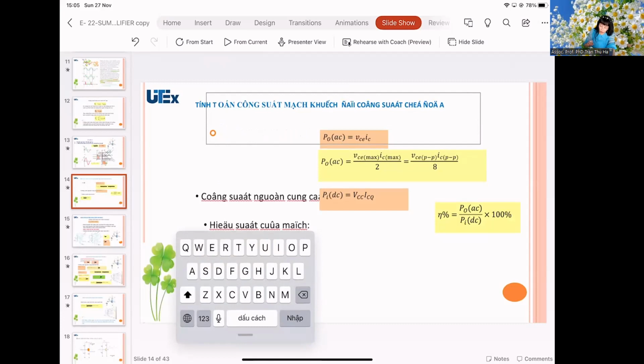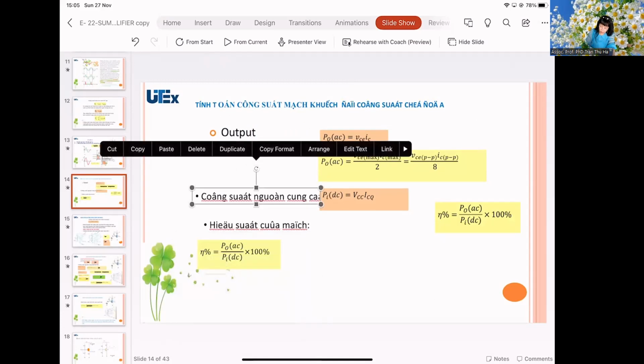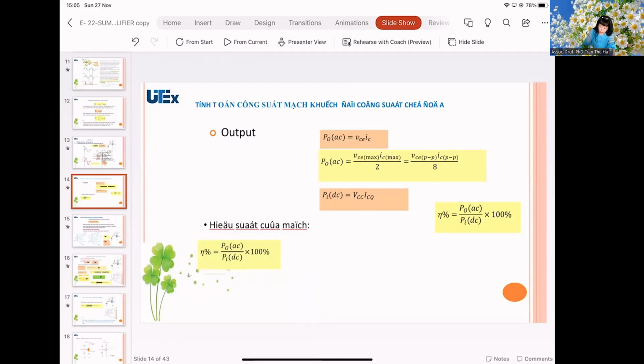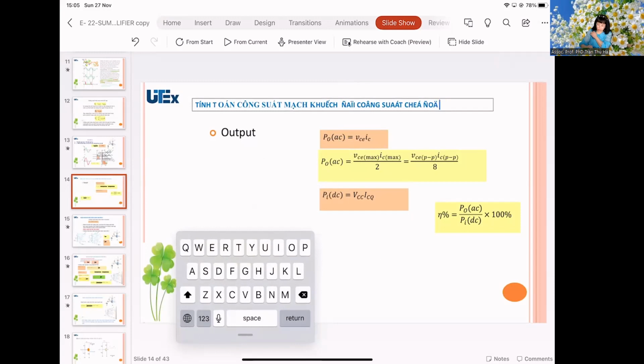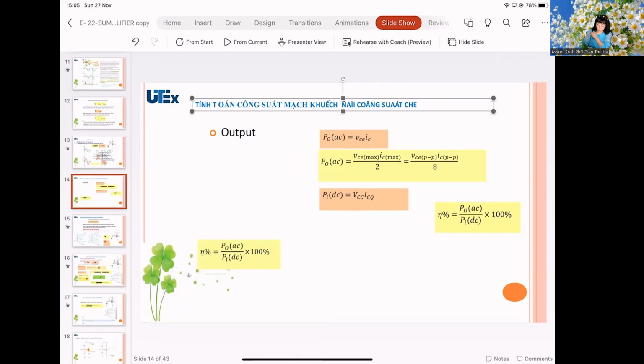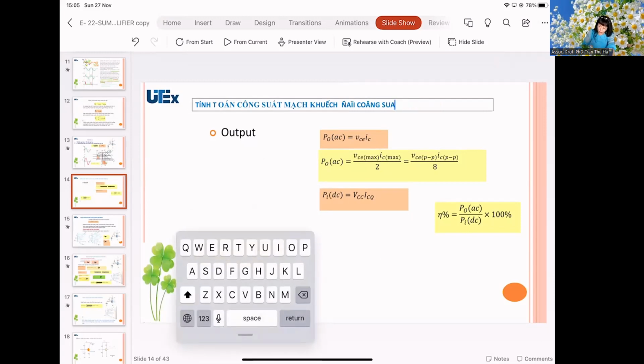Please follow me. You should get the output. Here, please follow me. Here, power.